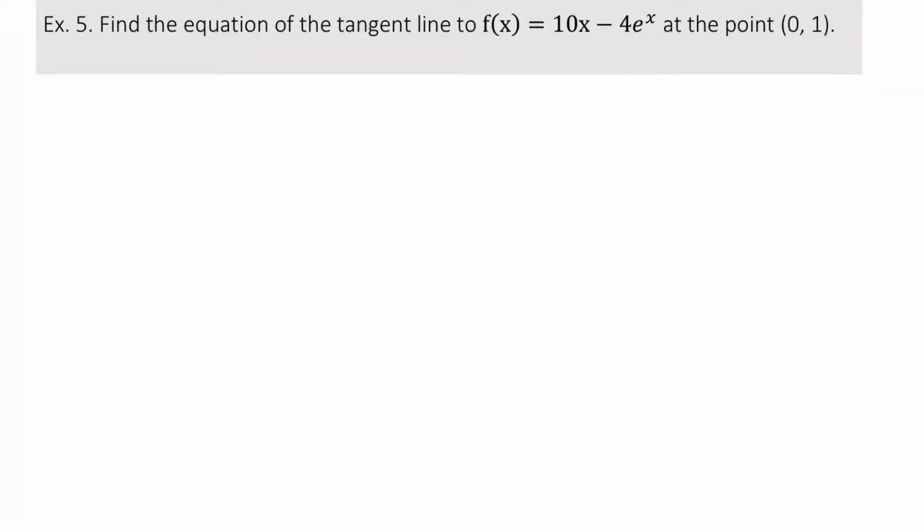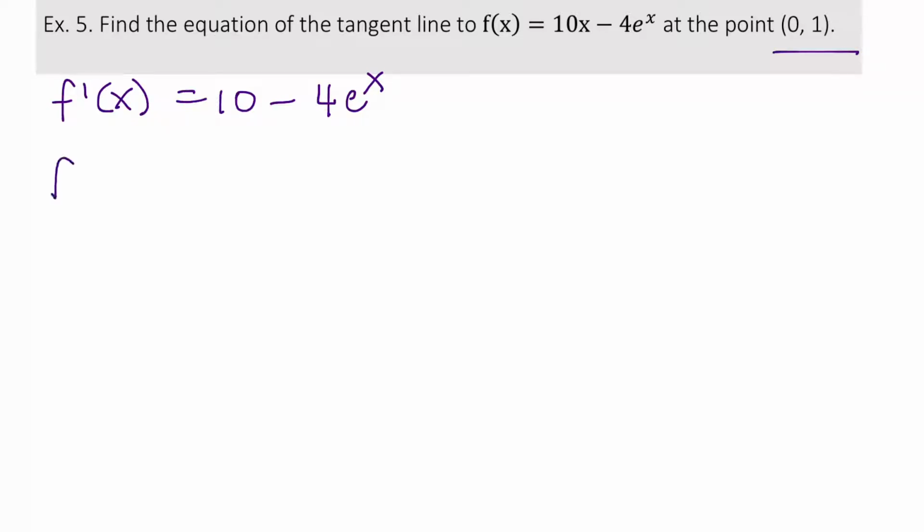This one says find the equation of the tangent line to the function at the given point. So we're just going to differentiate the function. So that's just 10 minus 4 e to the x. That's what it is. And we're going to evaluate it at the point 0, 1.